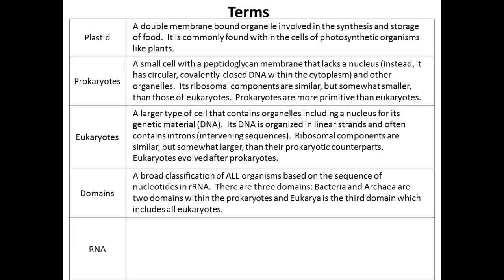So all cells have this ribosomal RNA component. And scientists were able to look at this, and when they compared all the sequences, they were able to break it up into 3 main groups. What we call bacteria, archaea, and both of these are prokaryotic. Both contain cells that don't contain a nucleus. Eukarya is the 3rd domain, and as the name implies, all of them are the eukaryotic cell type. So they all have a nucleus at some point in their life cycle.